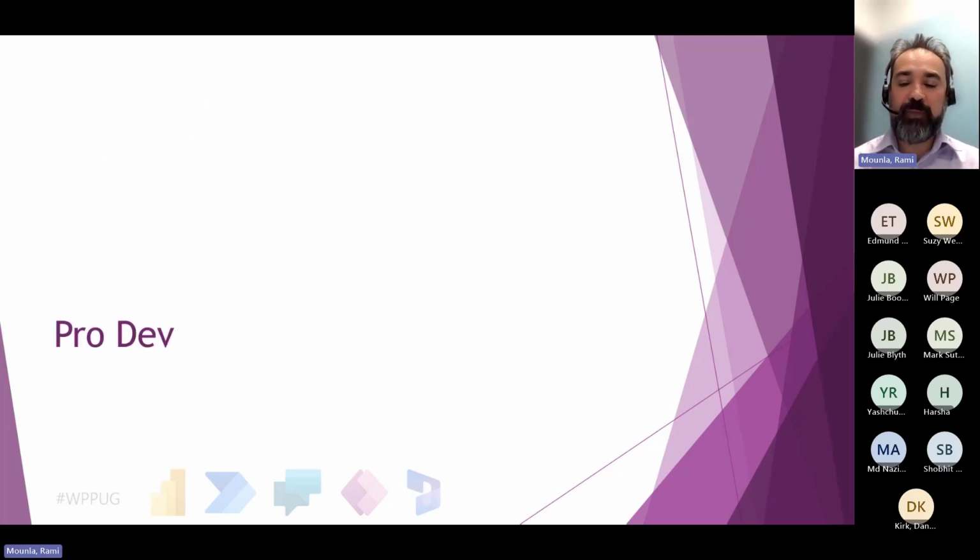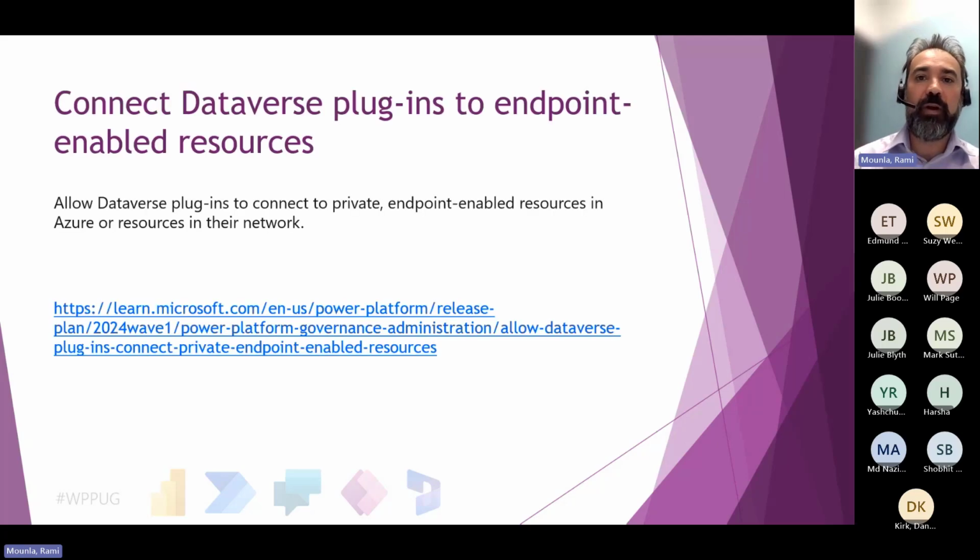Now, from a pro dev perspective, this is for people that are hands-on and looking at how they can extend the platform. There's a couple of really cool features that have been announced. The first one is around ensuring that if you have a plugin that executes and requires resources available in your private network, you can have Dynamics 365 connect straight to your private endpoints without going out to the internet.